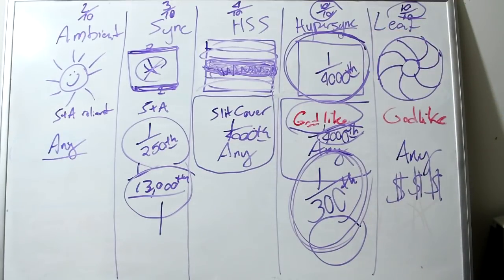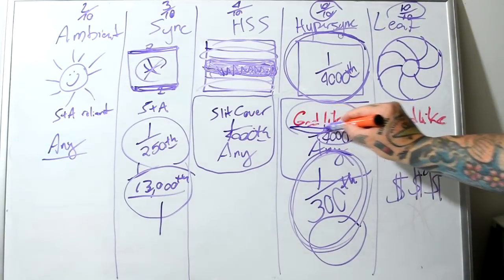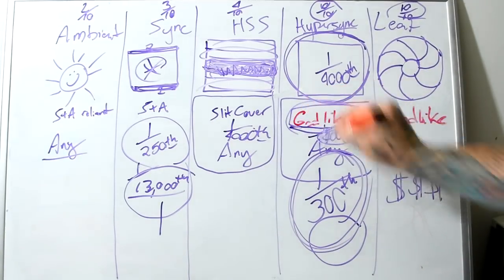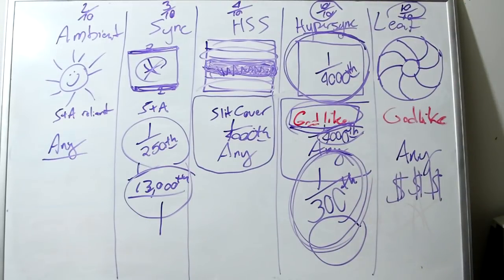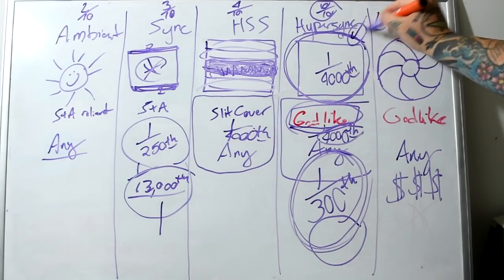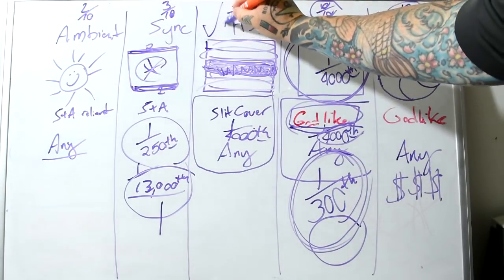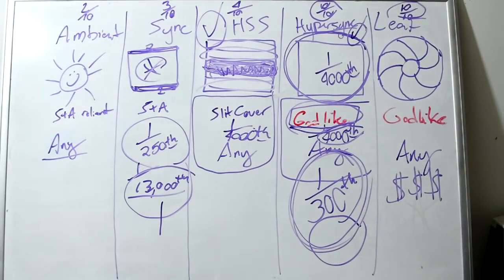Doesn't matter if it's 1/8000th, 1/12,000th, 1/800th, no matter what the hell it is. Hypersync is godlike. It's because it's powerful and it covers everything. Boom! This is why Hypersync is awesome, and HSS, by comparison, is like unprofessional suck.